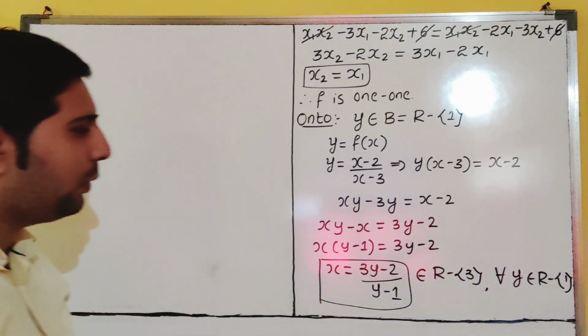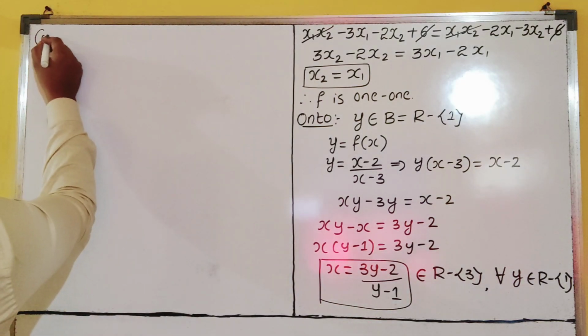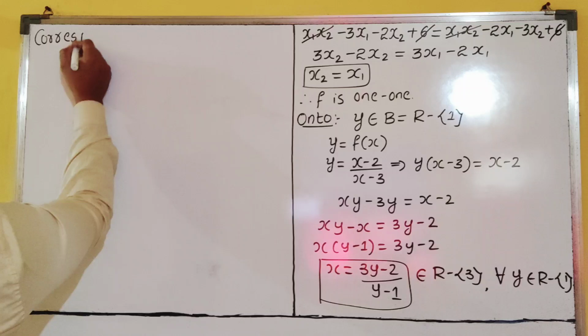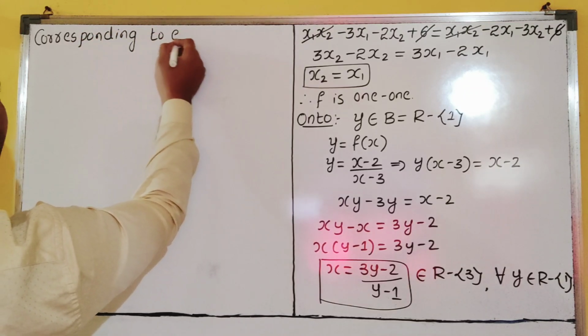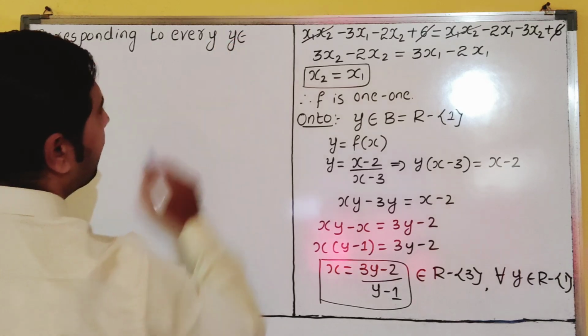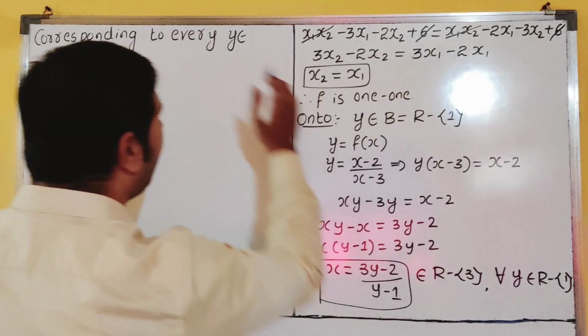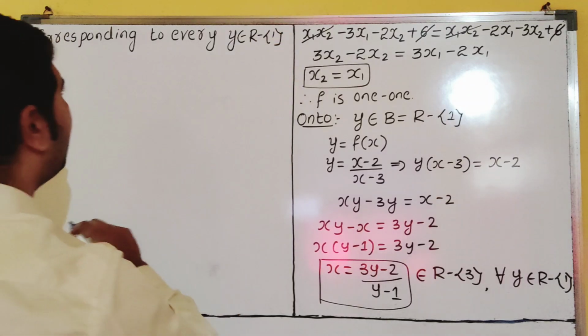Fine. So how to continue this one? Now see here, last time also we have done like this. Corresponding to every y belonging to R minus 1, that is nothing but b, dear students. Everyone knows this.